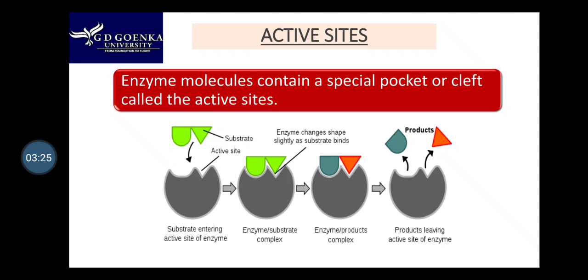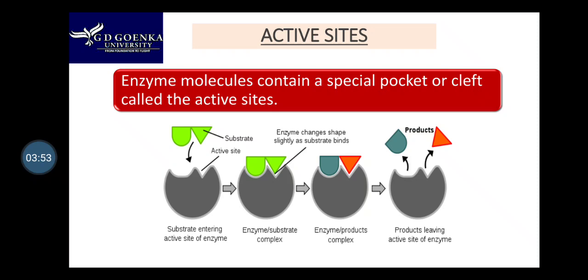After that, in the next structure we can see the enzyme and the substrate have made a complex. The enzyme changes shape slightly as the substrate binds. So according to the shape of the substrate, there is a change in the active site's conformation. After that, the enzyme catalyzes the reaction. We can see the change in the color of the substrate here. We got new compounds now, which are called the product.